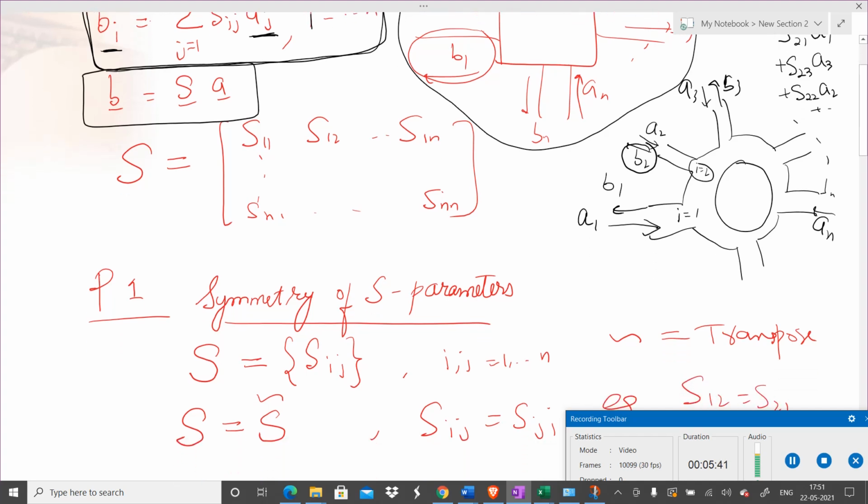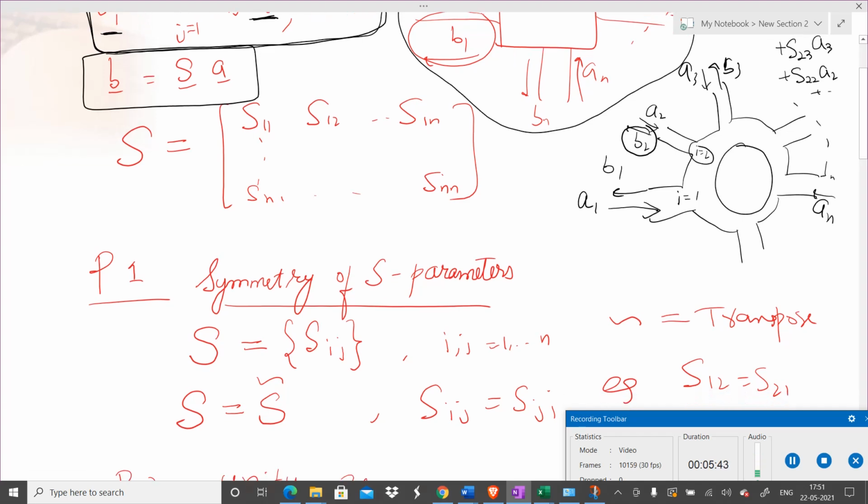Now it has several properties. One of the properties is symmetry of S parameters. It is symmetric. Symmetry is in some sense obvious if we consider an important assumption which is called reciprocity. Reciprocity means this.